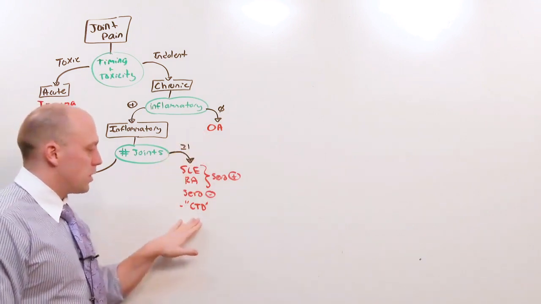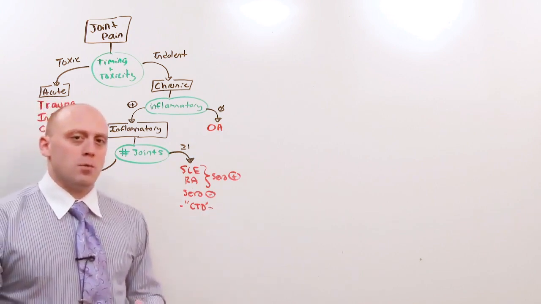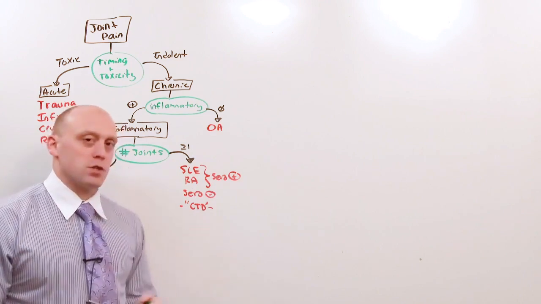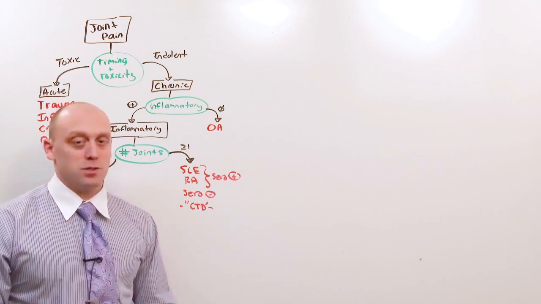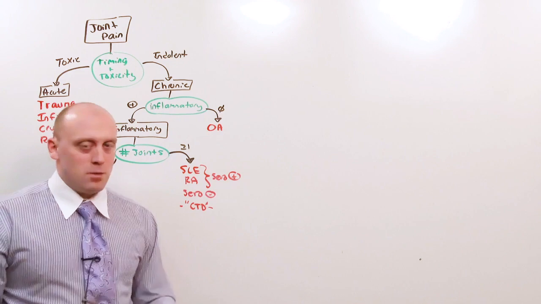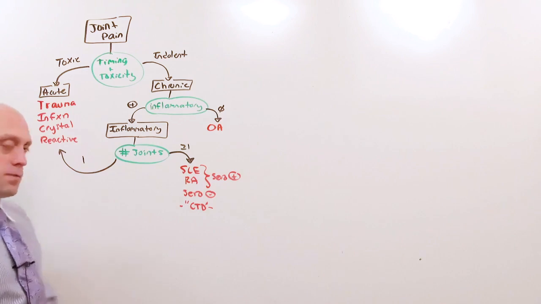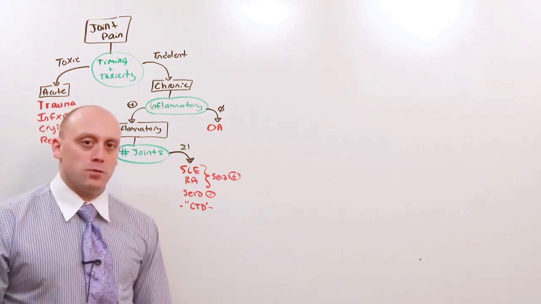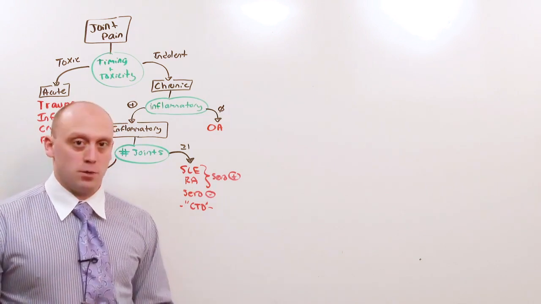But don't forget that other connective tissue disorders exist and that they might have joint pain, but also realize that these other connective tissue disorders are going to present with inflammation of other organs beyond just the joints. So they need to be considered, but they're more on the long list. Again, short list, check out the intern content for more info on approach to joint pain if you want to have a more robust approach.